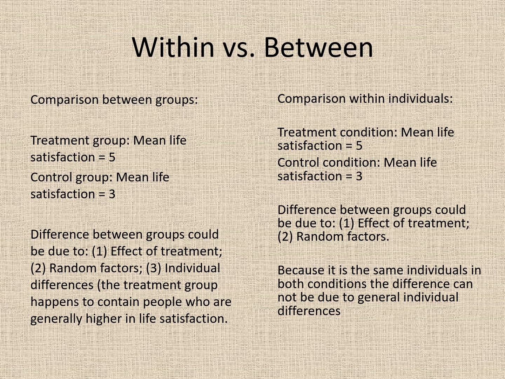What might be the cause of the difference between these individuals? Why is that person higher in life satisfaction than that person? And they receive different treatments. What might be the cause here? Well, one possibility is the effect of treatment. That person is higher in life satisfaction because it gets this treatment, while that one gets another treatment.